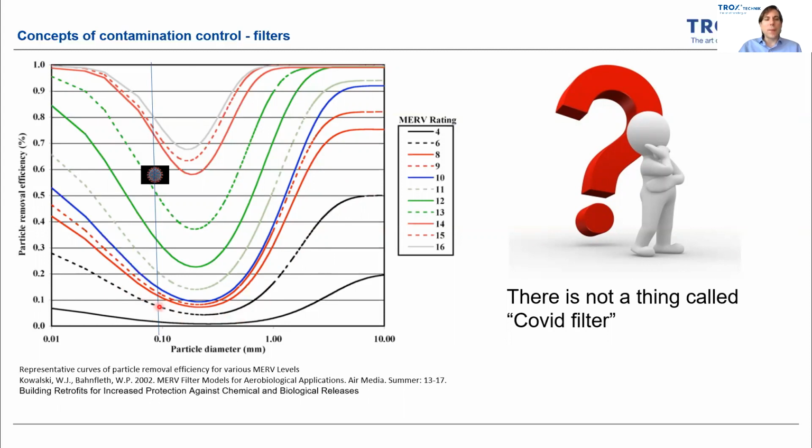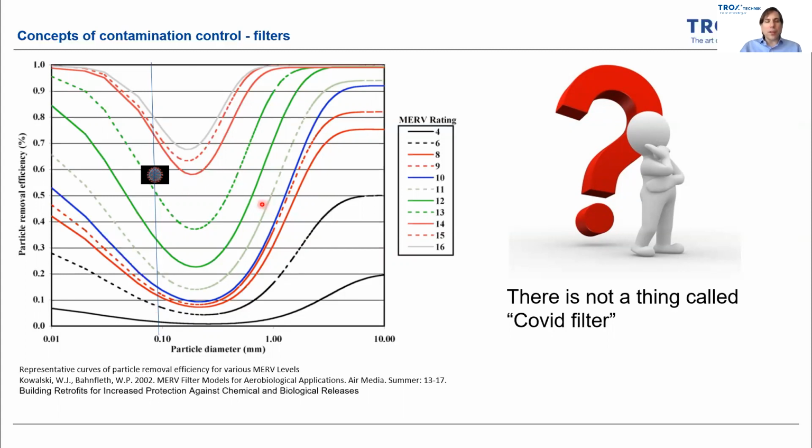And for the particle size of the virus, a MERV 6 filter has less than 10% efficiency of capturing this virus. So that's bad marketing, that's bad engineering, that's a bad approach of selling. So don't pay more for a filter because the manufacturer is now adding a sticker to it, COVID-19 filters.